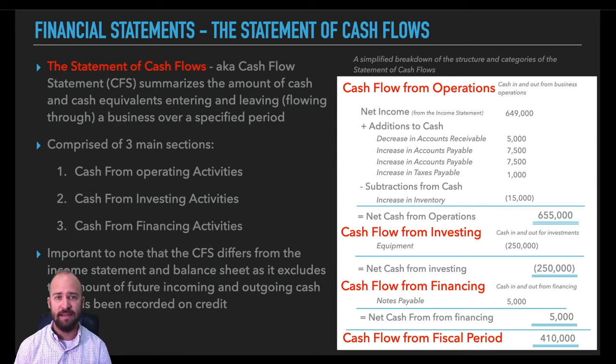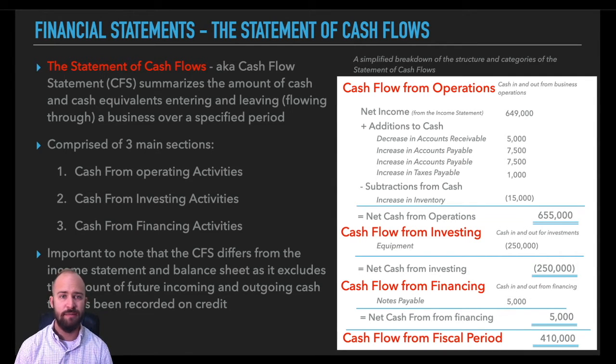So looking at our example statement of cash flows over here, the first main category, cash flow from operations, refers to changes in accounts receivable and accounts payable and taxes payable. So basically changes in the levels of anything associated with credit, right? So one example of an addition to cash would be a decrease in accounts receivable. Accounts receivable just refers to the money owed to us by customers that we've already fulfilled orders for.